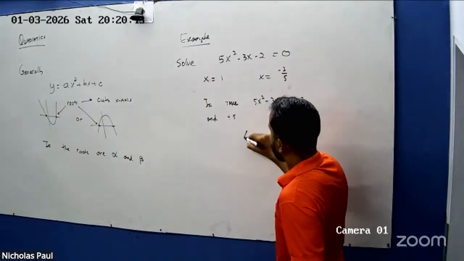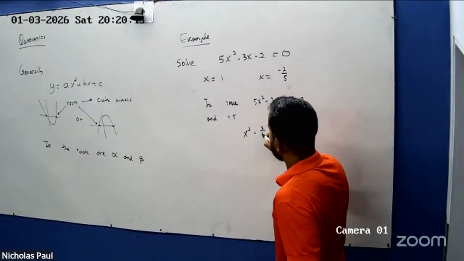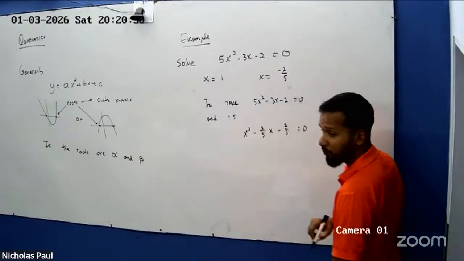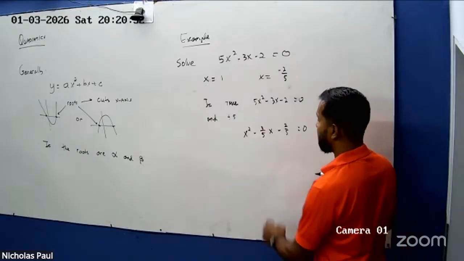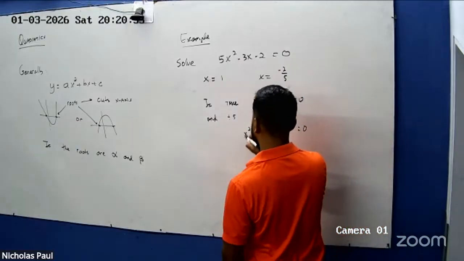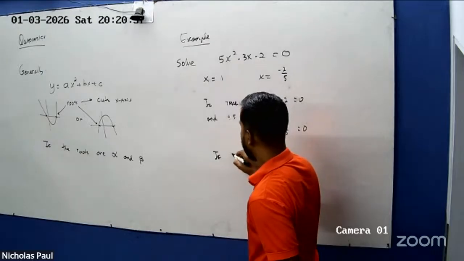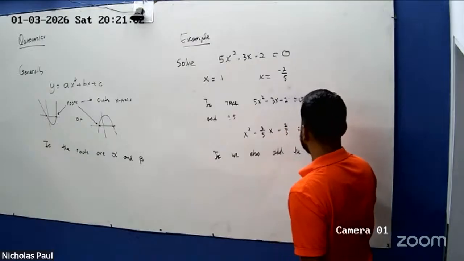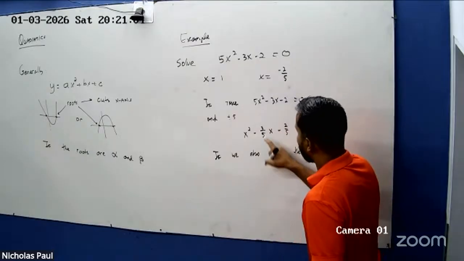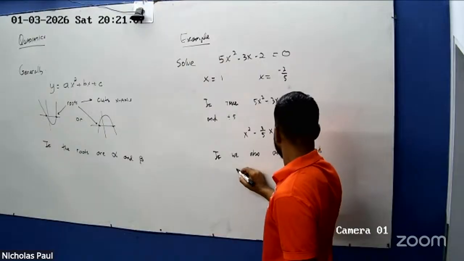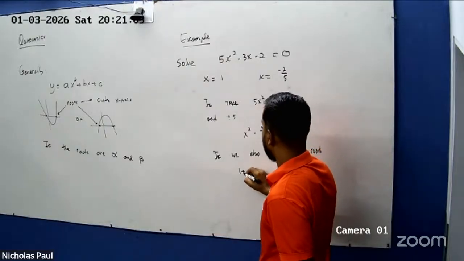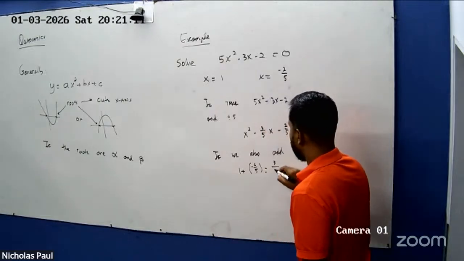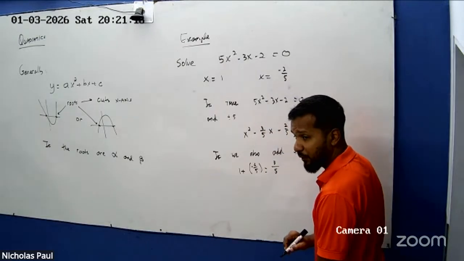You'll get x squared minus 3/5 x minus 2/5 is equal to 0. And watch this here. If we add the roots, 1 and minus 2/5, we get 3/5.